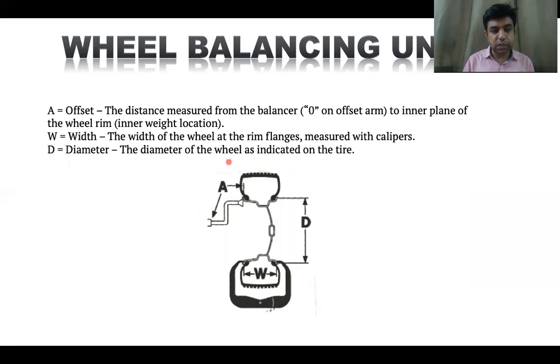The first is the offset. Offset is the distance measured from the balancer to the inner plane of the wheel rim. The second is the width of the wheel at the rim flange, measured with the help of calipers. By means of a caliper, we can simply measure the width, and the diameter of the wheel may be indicated on the tire part. So these three data are required in order to balance the wheel on the wheel balancer unit.